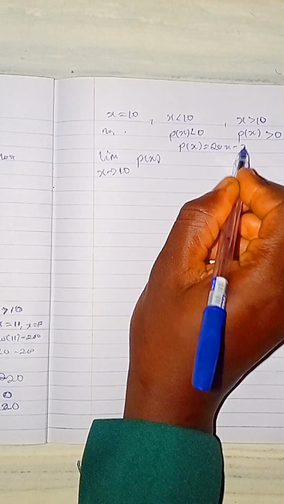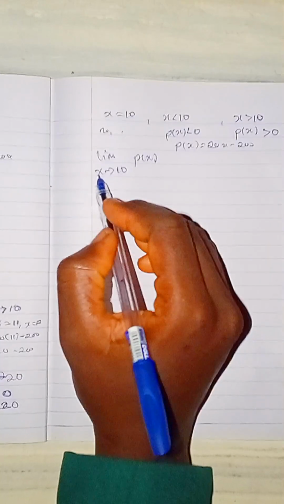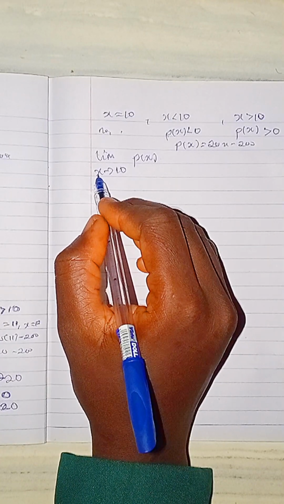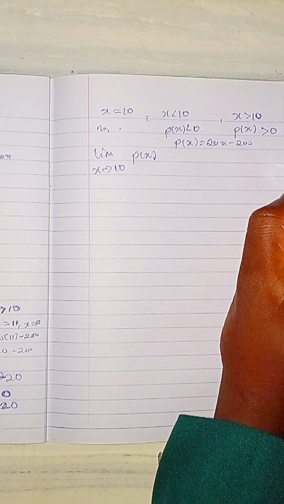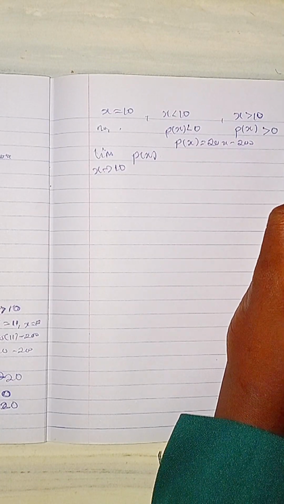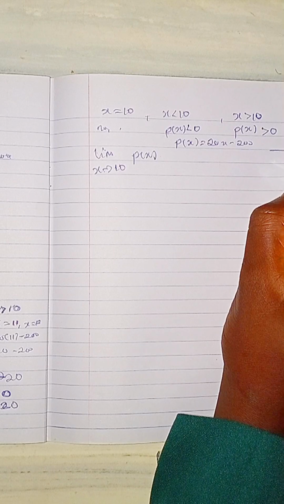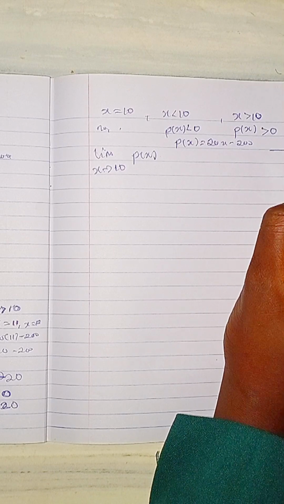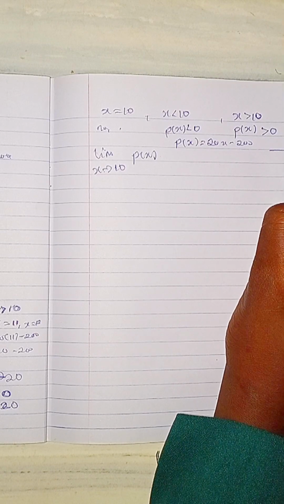In mathematics, consider the limit as x approaches 10 of the function P of x equals 20x minus 200. What happens when x is getting close? This is the real line. Assuming here is 0, assuming here is 10.